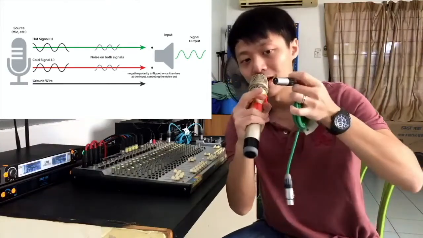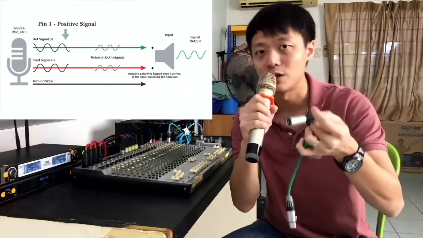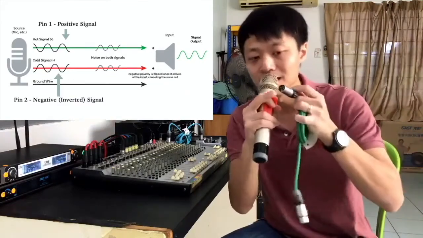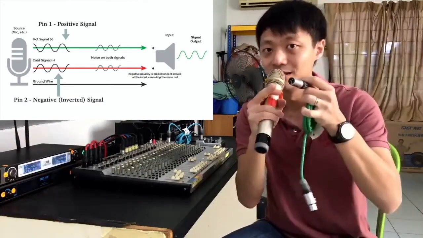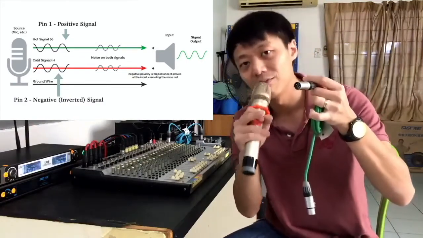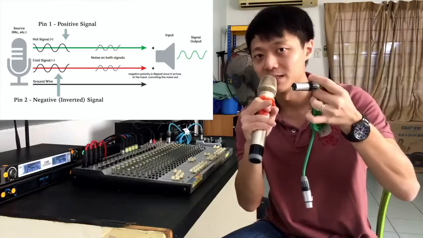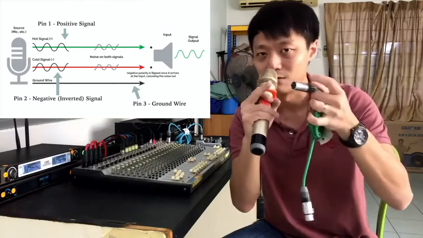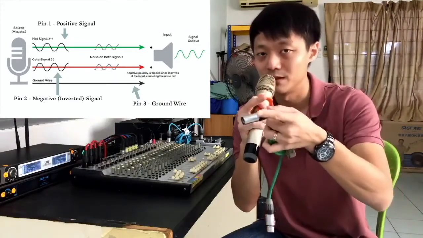Now one of the pins is used to carry the positive charge part of the signal. The other pin, the extra pin that we don't see in the unbalanced signal, is used to carry the negative charge part of that signal. And the third one is a ground signal, which is the same as the unbalanced signal we saw just now.